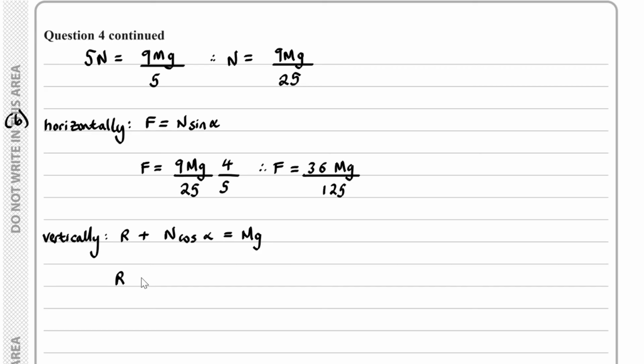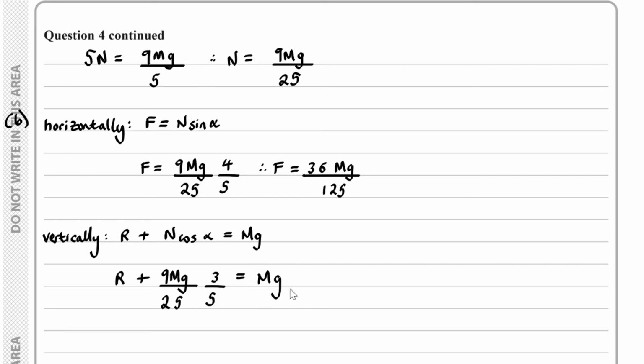So we have R plus N, which is 9mg over 25, multiplied by cos alpha, which is 3/5, equal to mg.